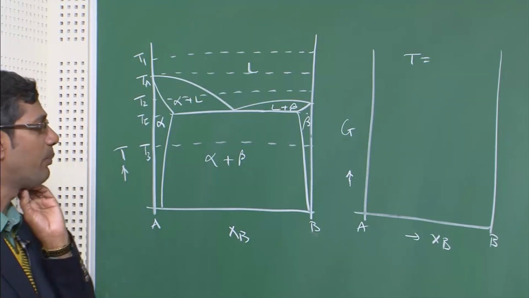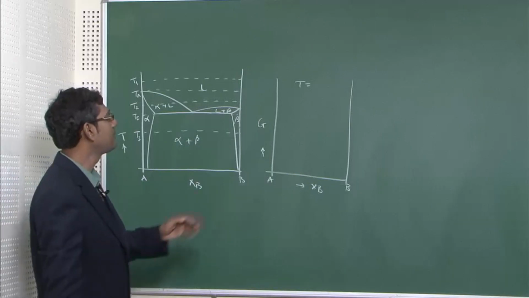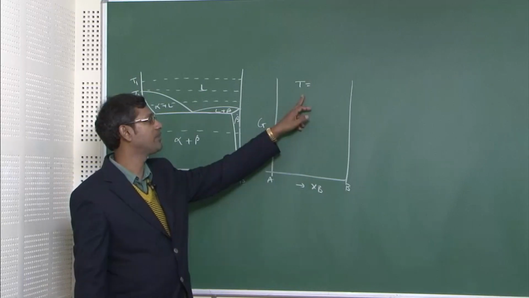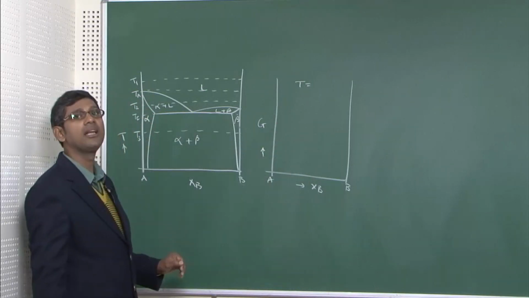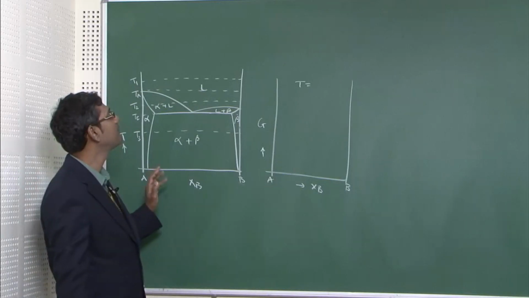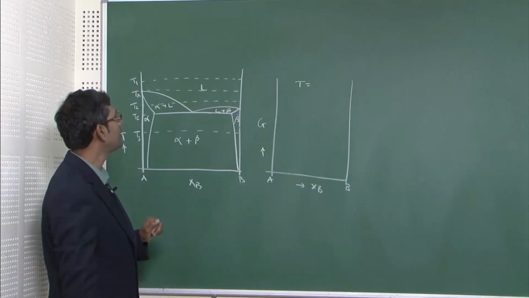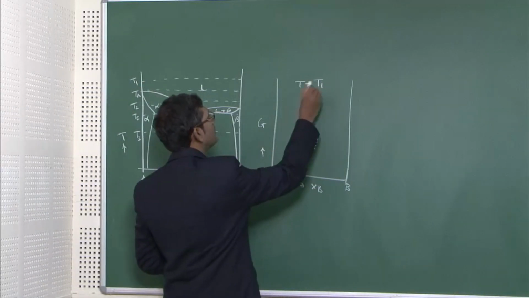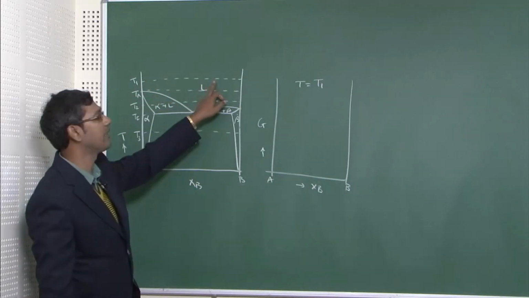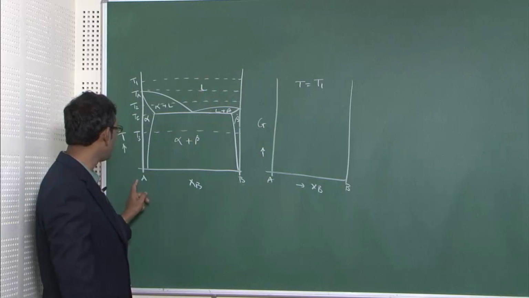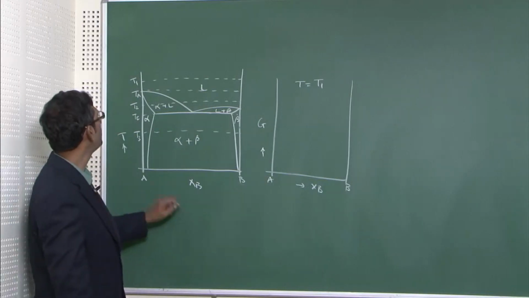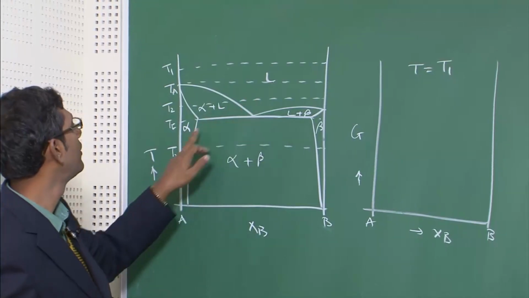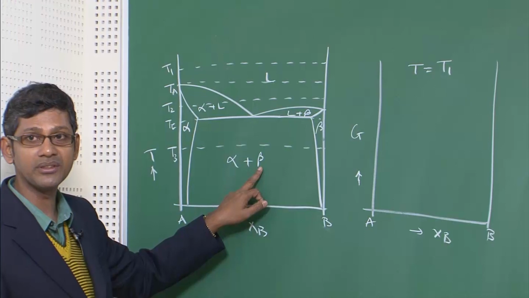So what are these free energy composition diagrams? Let us restate again. These are free energy versus composition diagrams at different temperatures to show the relative dispositions of different free energy curves. Suppose at temperature T1, I know that the only phase stable is the liquid, for all compositions from pure A to pure B. Now to show that, we need to draw the free energy composition diagram of the liquid phase, solid alpha phase, and solid beta phase.